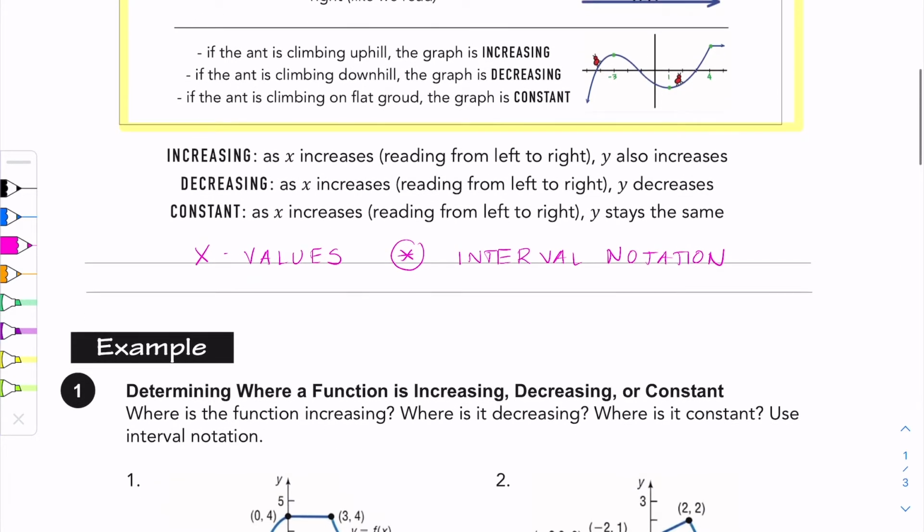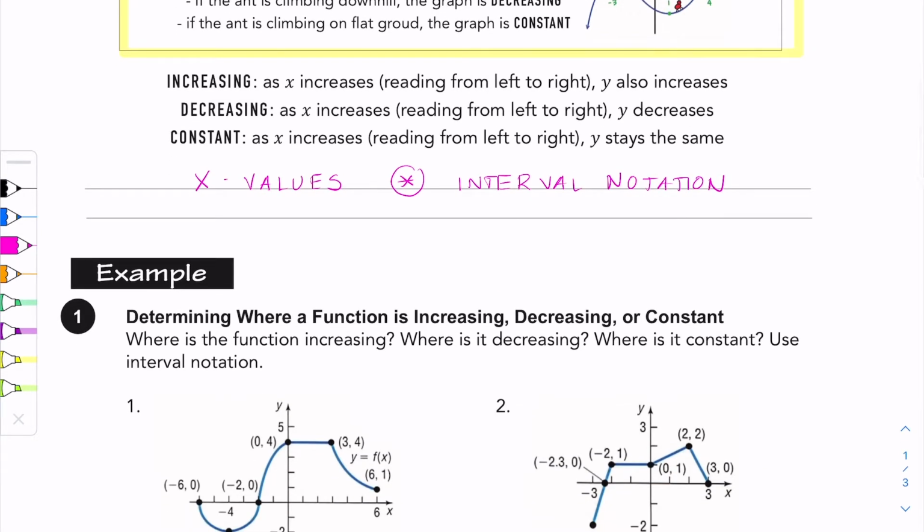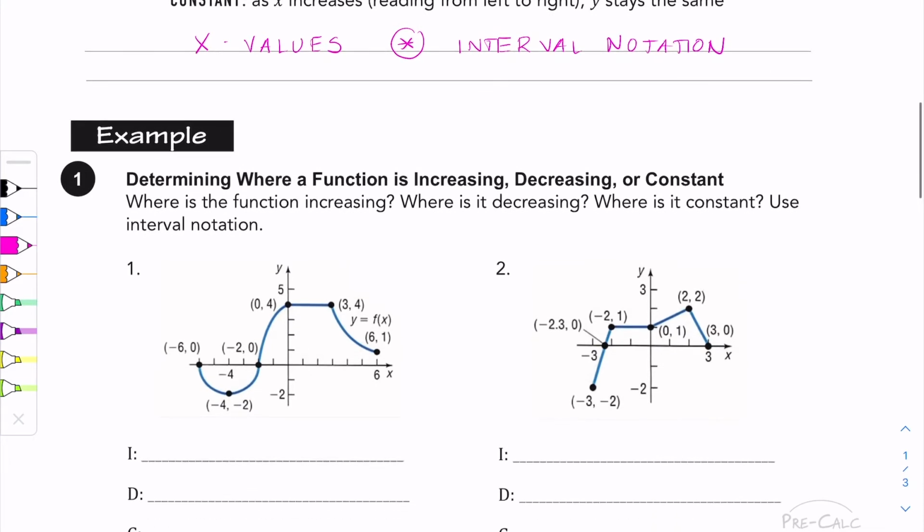Using x values always throws everyone off because the graph is increasing and decreasing on the y-axis. That's why it looks like it's going up or down. But then we're choosing to write the interval with the x value. It's just standard form. It's how we do it. So make sure you pay attention. I'll use a highlighter to indicate where it's increasing and decreasing and then why we're using the x value.